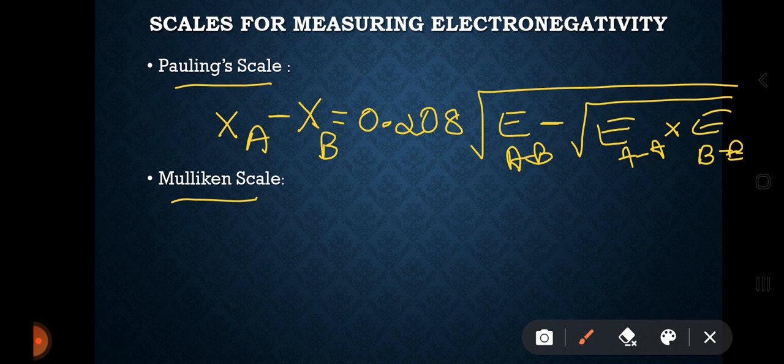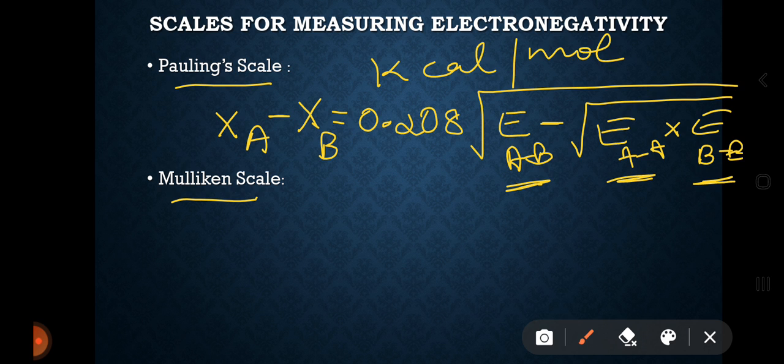Here, this one is electronegativity of A, this is electronegativity of B, which is equal to 0.208 times the square root of bond energy between A and B minus square root of bond energy between A and A times bond energy between B and B. This formula is used when the unit is kilocalories per mole.